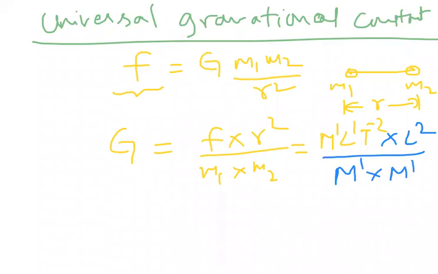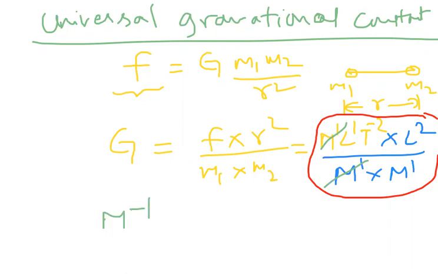Now if you simplify this total expression, one M¹ and M¹ we can cancel here. So M¹ will come to the denominator and it will become M⁻¹. And you observe here, L¹ is there, L² is there.